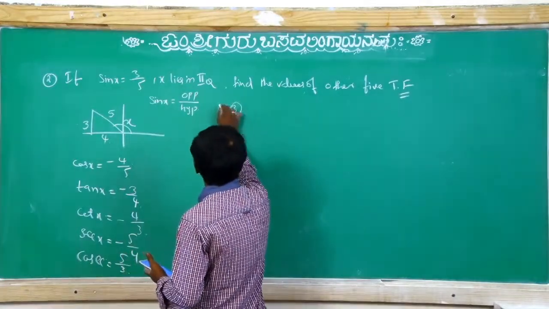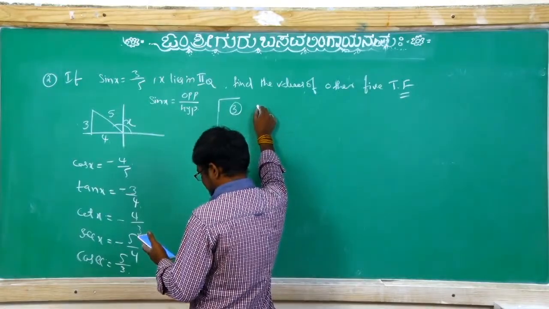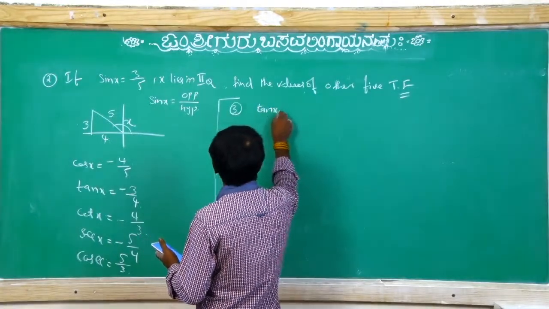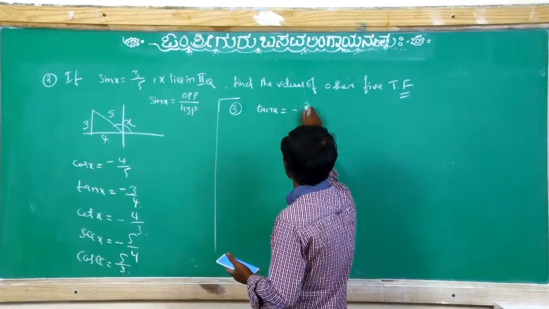Third one. Tan x equal to minus 5 by 12.